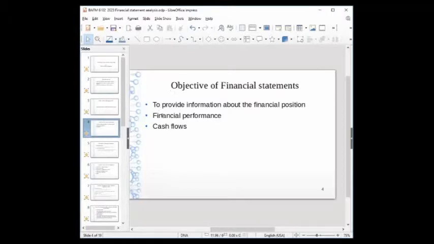While cash flow is about the outstanding balance of your cash, focused on the cash outflow and cash inflow transactions in the company.